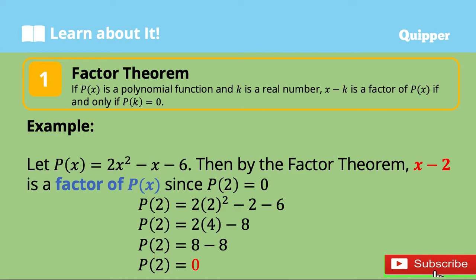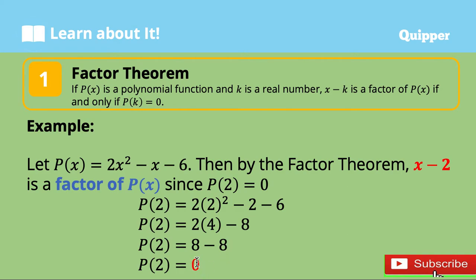So substituting the value of x, we have p of 2 is equal to 2 times 2 squared minus 2 minus 6. 2 squared, that is 2 times 2, we have 4. Then negative 2 minus 6 is negative 8. 2 times 4 is positive 8, then minus 8 is equal to 0.